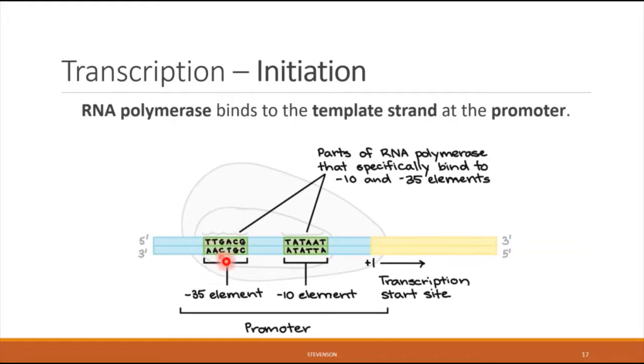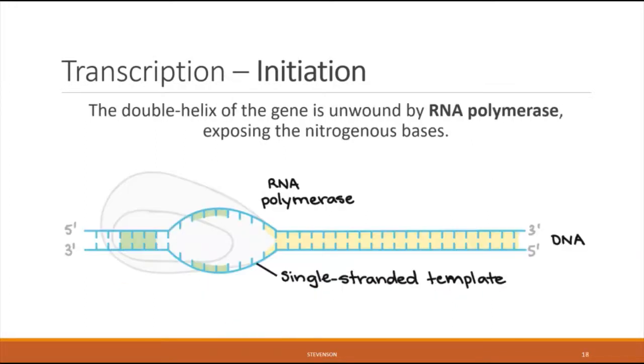So RNA polymerase will attach to that, and then it will unwind the 2 DNA strands, which allows the sequence of the nitrogenous bases to be exposed. This exact same thing happened when we talked about DNA replication, except the enzyme that was doing the unwinding in order to expose the nitrogenous base sequence was called helicase instead of RNA polymerase. But in this process, helicase is not needed. RNA polymerase is sort of a one-stop shop enzyme that does it all in the process of transcription.